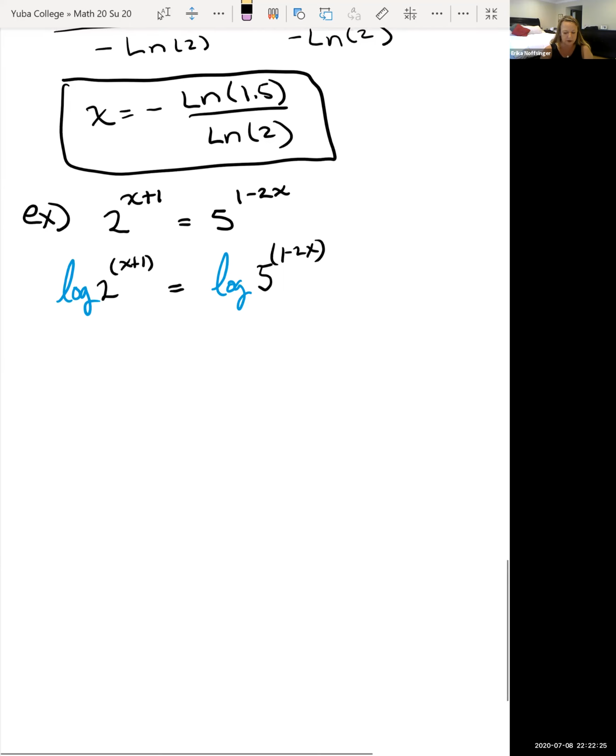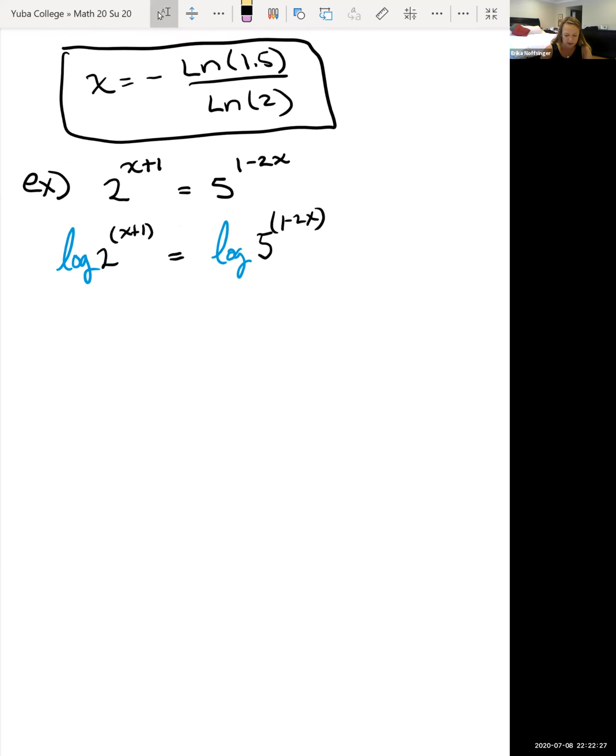So bring our exponents down front. Notice I have parentheses around there. If you don't have those parentheses and you bring this down, you would technically have the wrong thing: 1 minus 2x log of 5.